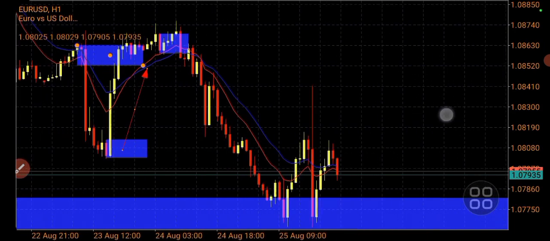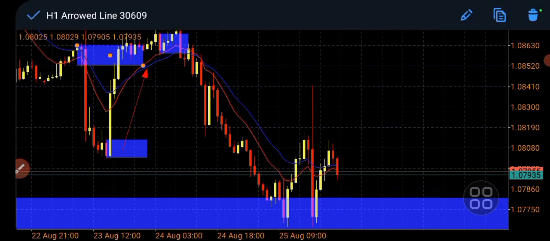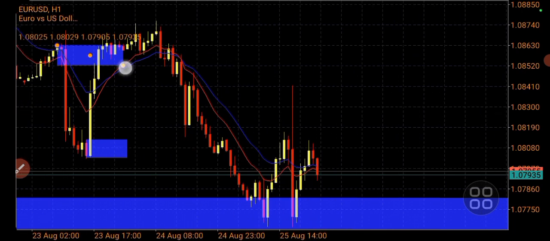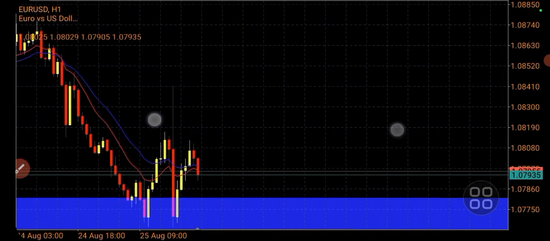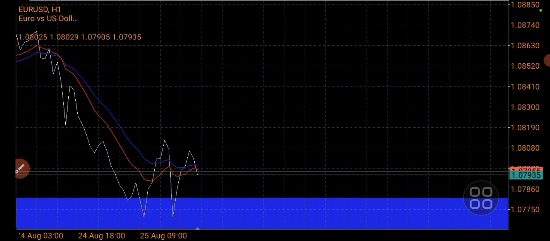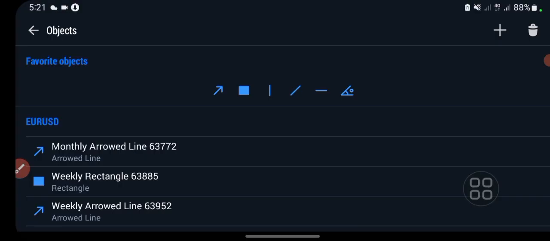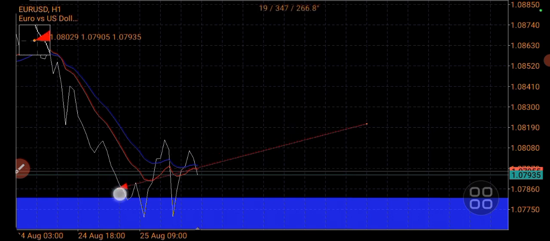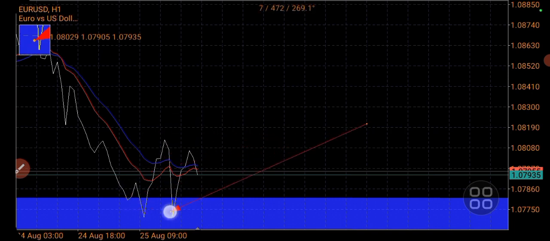In the example, here is what we have. Let me clear this chart up so that you can understand what I mean. As you can see, if I turn on the line chart, you can see this is a double bottom, indication of reversal here and here.